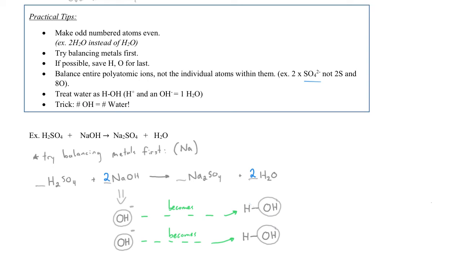Now, you might ask the question, how on earth are those hydroxides becoming water? They need that hydrogen atom. Where is that coming from? Well, notice here on the left-hand side of the equation, there's a molecule, it's called sulfuric acid, that has those very 2 hydrogen atoms. Let me show you what this looks like visually.